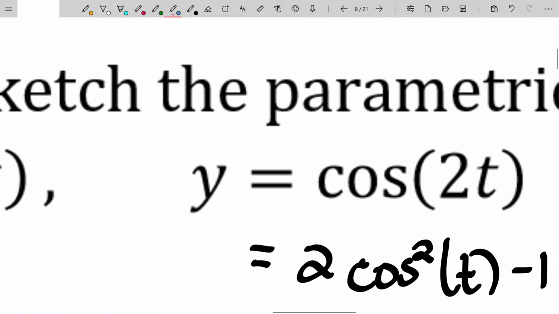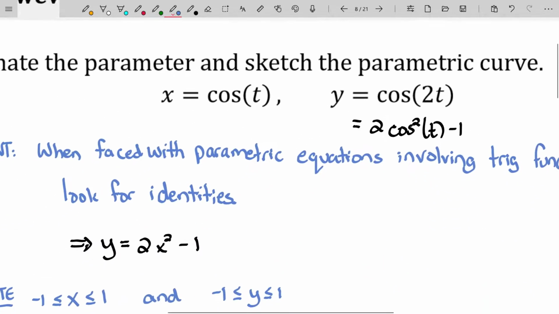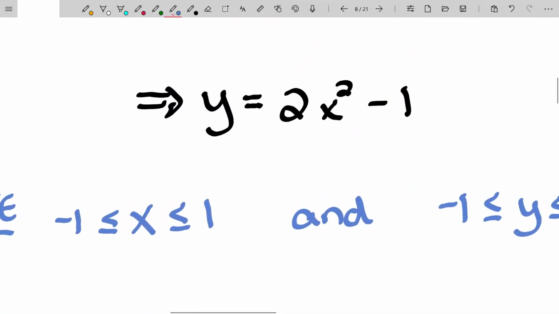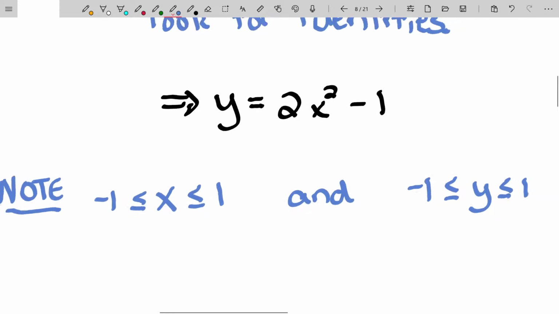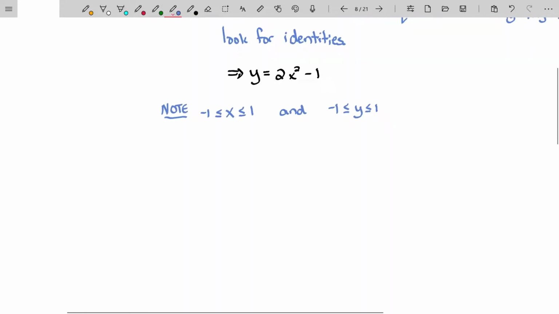Same thing with the cosine of any angle, honestly. Your values are only going to range from -1 to 1. So while you may think your Cartesian form is y equals 2x squared minus 1, and it is, don't get me wrong, it's 2x squared minus 1, given that the x values are always bounded between -1 and 1, and the y values are always bounded between -1 and 1.